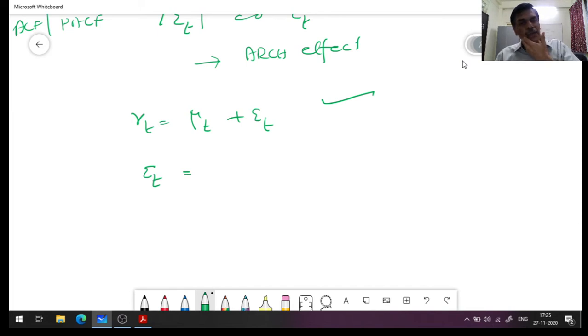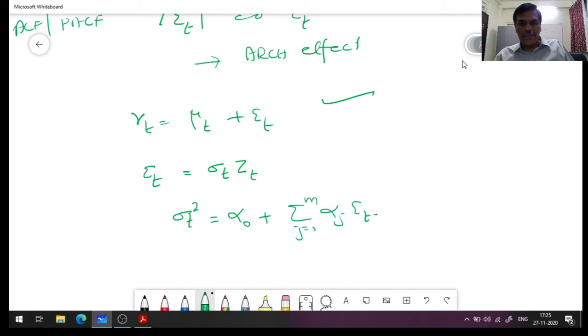It is like an error, but I'm not interested in changing the mean, whereas I am interested in changing the variance. So I would say sigma t z t, and then try to give a specification for this, something like alpha naught plus summation j equal to 1 to m alpha j epsilon t minus j square. What are these epsilon t minus j square?